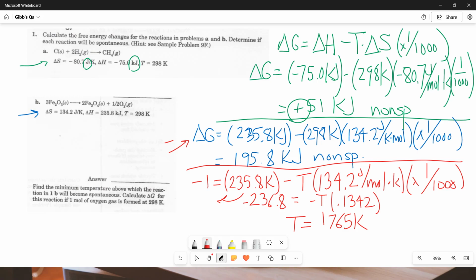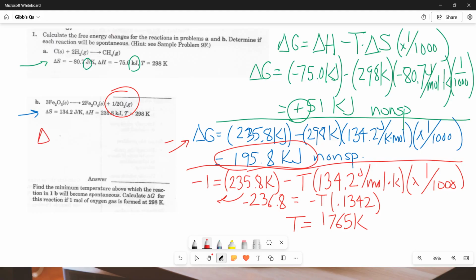Now, in this problem, it says calculate delta G for this reaction if 1 mole of oxygen is formed. So let's look back here. We actually have half a mole, and to find out what the delta G for the reaction at 298 K would be for 1 mole, we would come down here and take this answer.